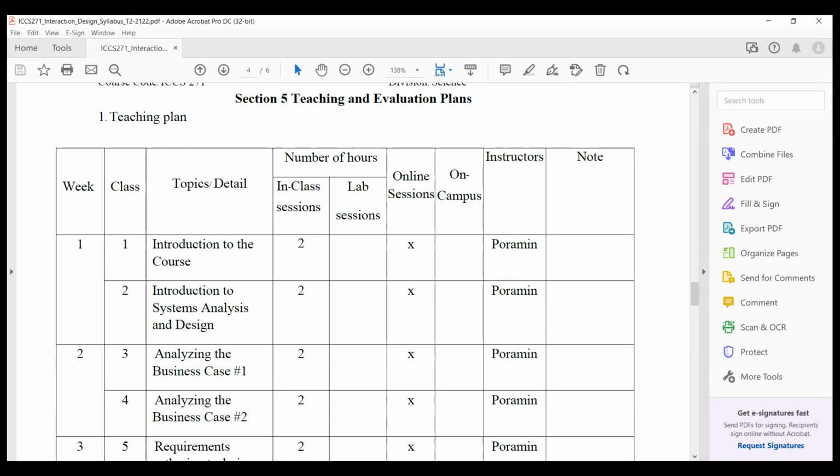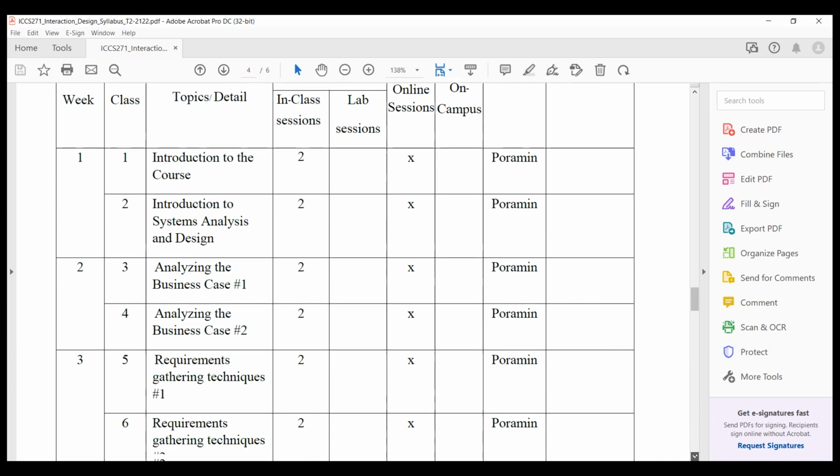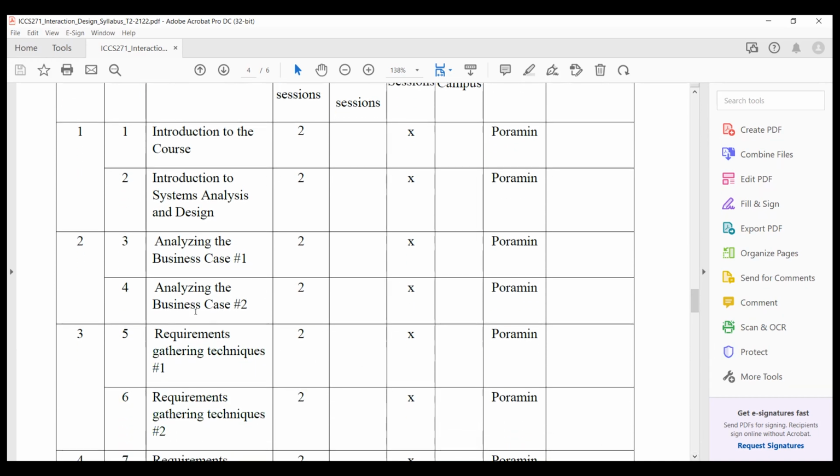Okay, so after that, in the next module we will talk about analyzing the business case, that is the second module. When we have the scenarios from the business, how are you going to analyze it? This one we take week 2 in order to study about it.